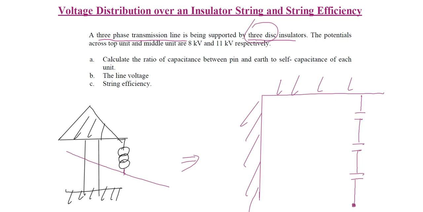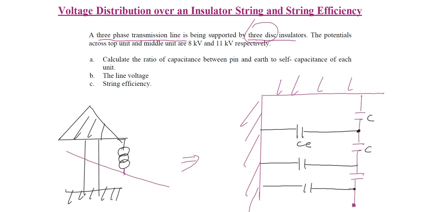And also, naturally, we will have another capacitance between the tower and the node between the connection of two disks here, and also one here. We call this CE, the earth capacitance. And this is C. As all the disks are generally identical, the capacitance of each of them is equal.